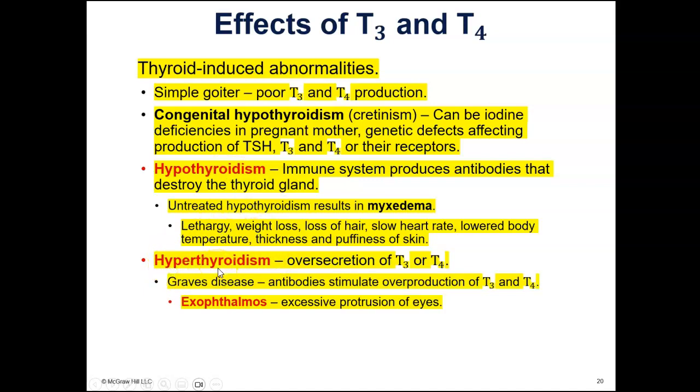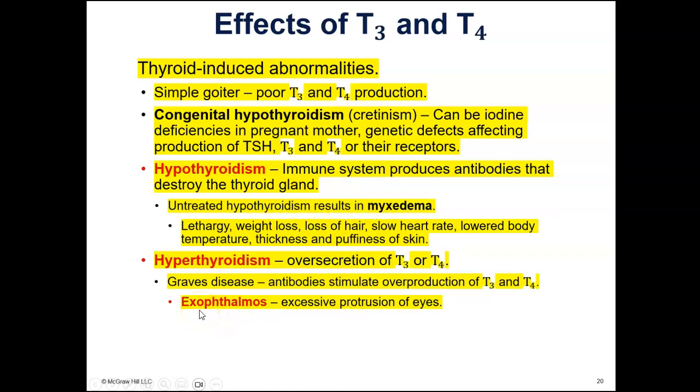Then a person with hyperthyroidism can also have Graves' disease. That can go hand in hand. But that is when they overproduce or oversecrete thyroid hormone. Graves' disease happens when antibodies stimulate the overproduction of T3 and T4. Instead of destroying the thyroid gland and slowing the production of thyroid hormone, this is when you have too much thyroid hormone.